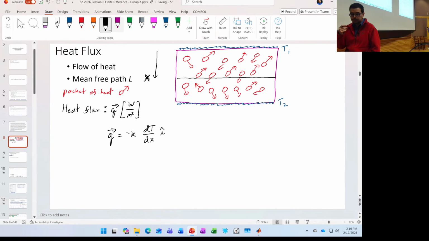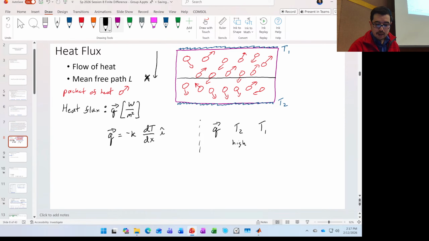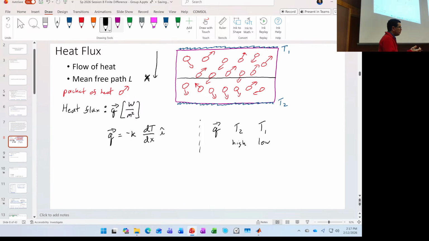So let's take this example, all right. If T2 is high relative to T1, all right, and it doesn't have to be, okay? And I'm trying to figure out what's happening. My heat flux is going to be negative.